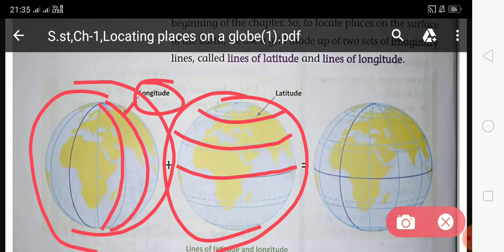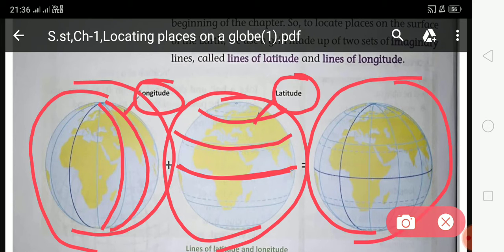The equator divides the earth into two hemispheres, northern and southern. The lines which go from east to west are known as latitude. Longitude plus latitude make up the globe. I hope you all understood these two lines, latitude and longitude.